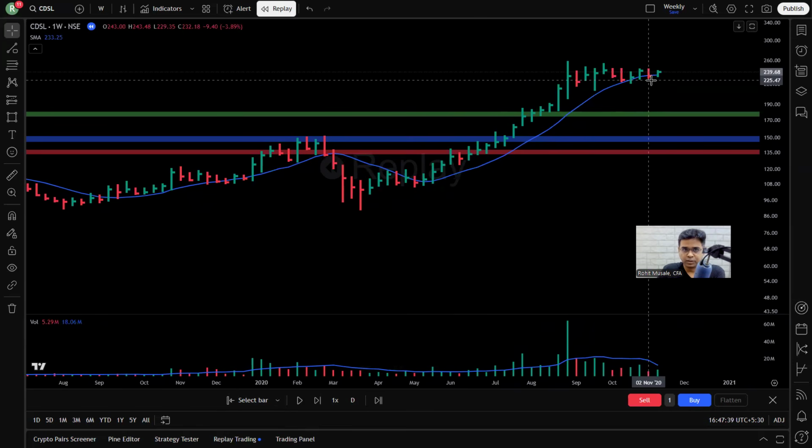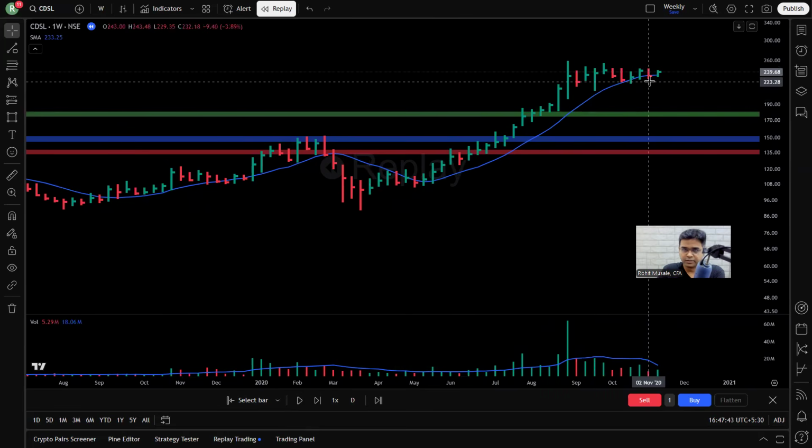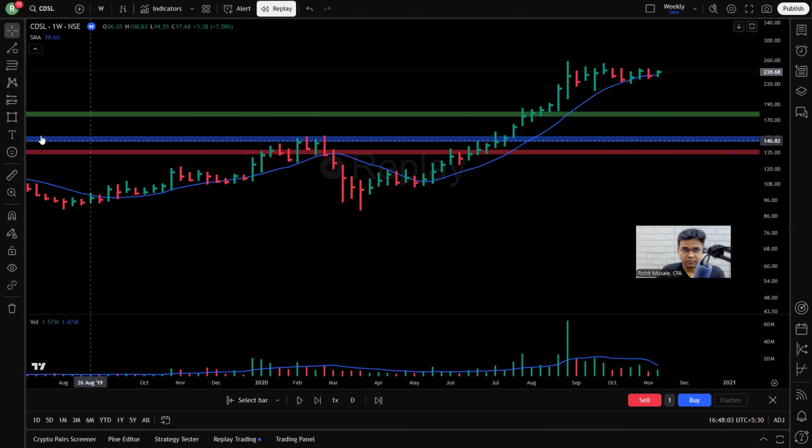It's 232.18. What's the blue price here? It's 233.25. Look here. On this bar, the closing price is 232 and the blue line is 233, which means here you have to sell another one third because it has closed below the blue line. So let's say you sell another one third here.